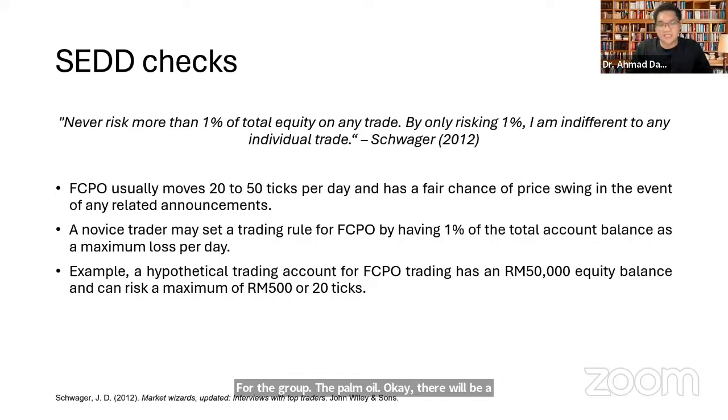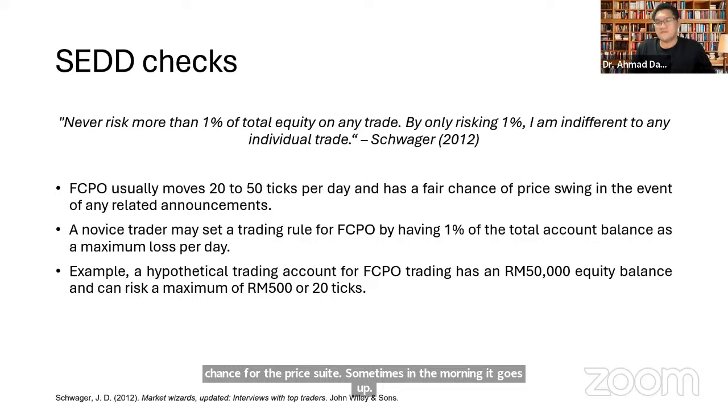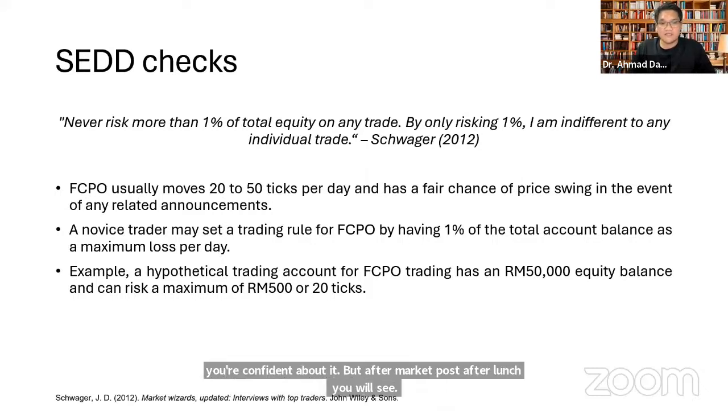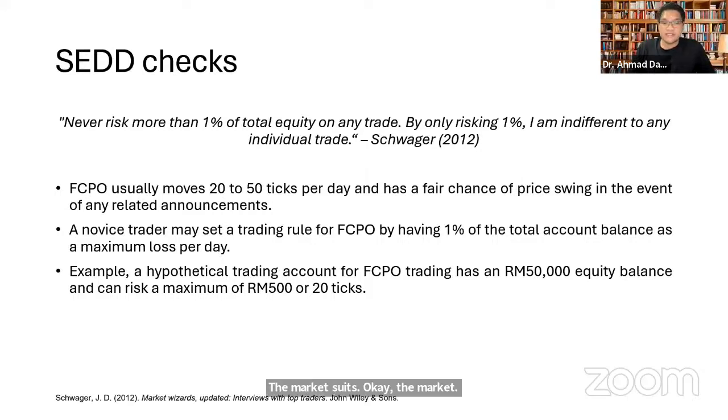Sometimes in the morning it goes up, you see a bullish trend and you're very confident about it. But after the market pause, after lunch, you will see the market swing, the market reverses. Because of what? Due to a related announcement.